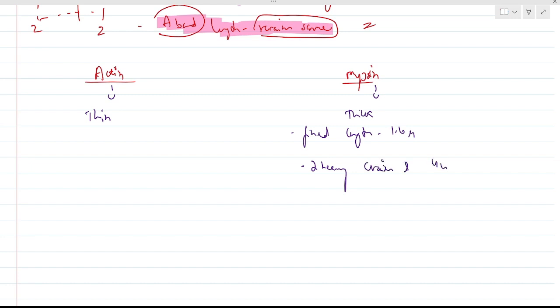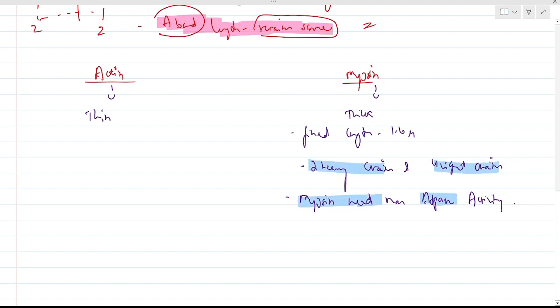Myosin is composed of two heavy chains and four light chains. Another fact to remember is that the myosin head has ATPase activity. So that was a brief discussion about actin and myosin: two heavy chains and four light chains, and the head has ATPase activity.